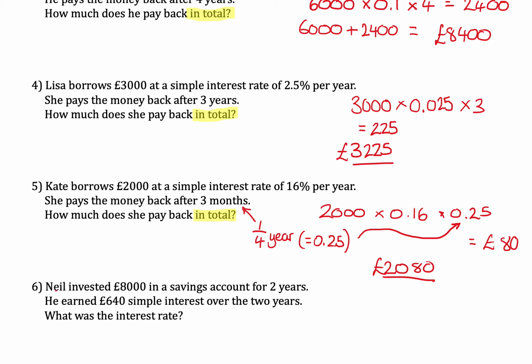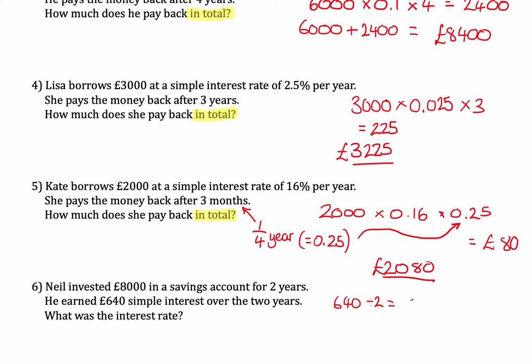Okay, question 6. Neil invested £8,000 in a savings account for 2 years. He earned £640 simple interest. What was the interest rate? So this one's slightly different. It's given us the amount of interest and wants us to work out the percentage. So first off, he earned that over 2 years. We need to divide that by 2 to work out what they get in 1 year.